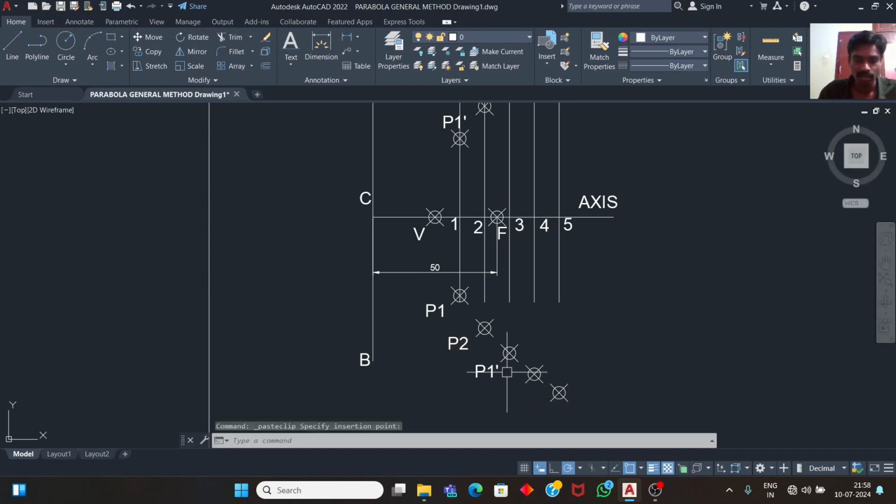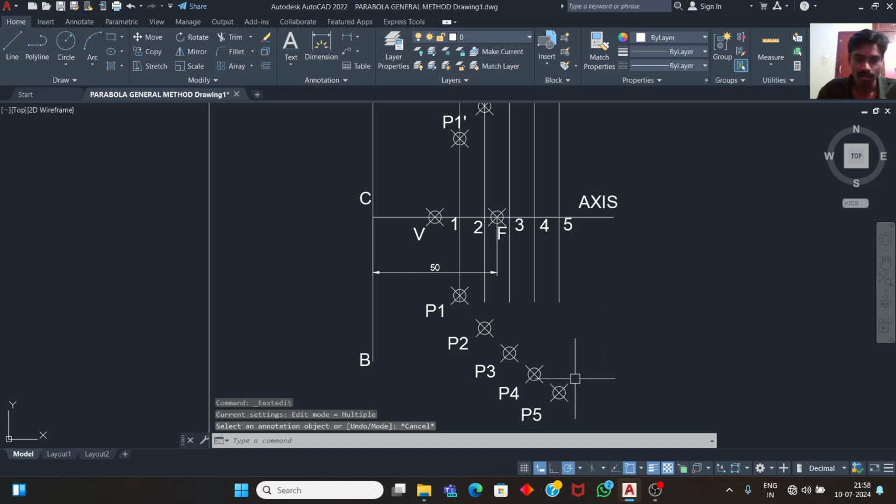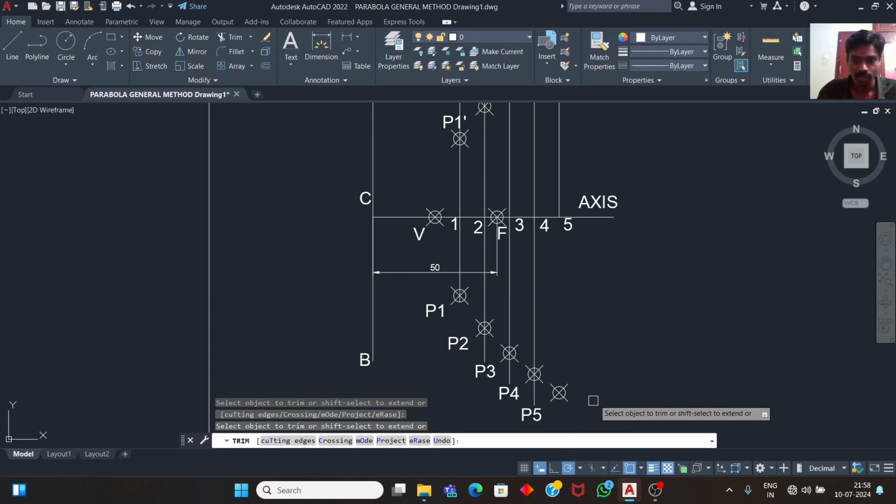This is P3 and this is P4 and last one P5. Okay, so extend this line also and trim it. Sorry.